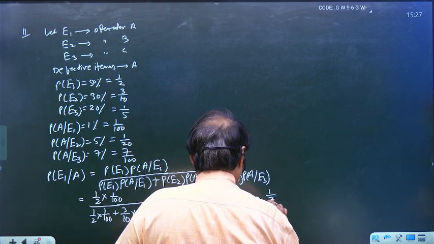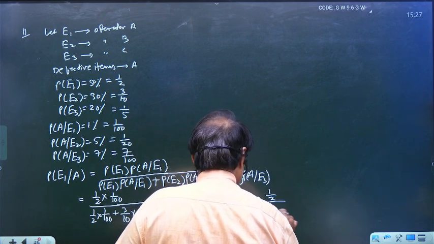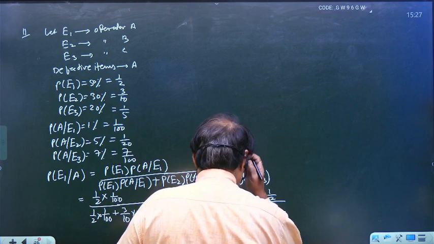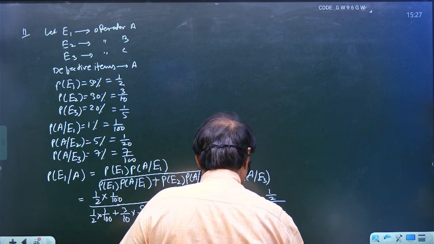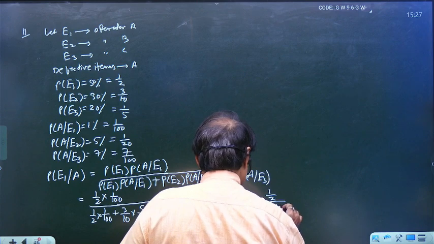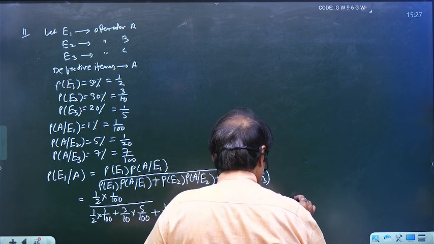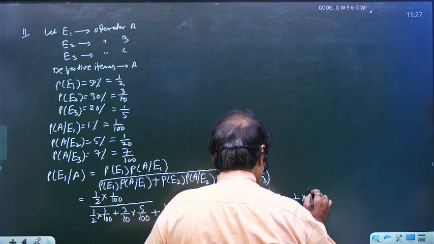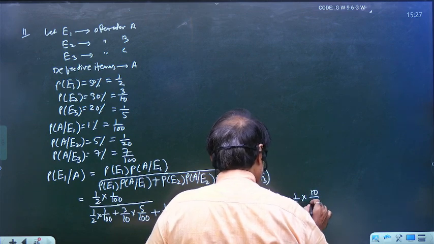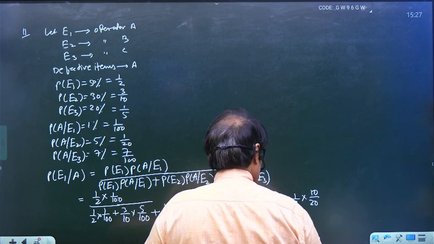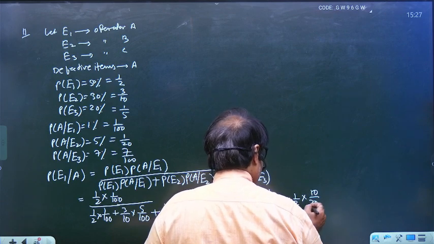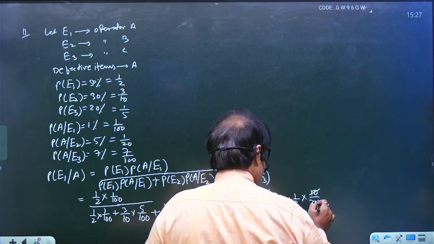So what is left? 1 by 2, and the LCM will be of 10. Then 2 5s are 10, 5 plus 10 1s are 10, and plus 5 2s are 10, 14. So this will be cancelled out.